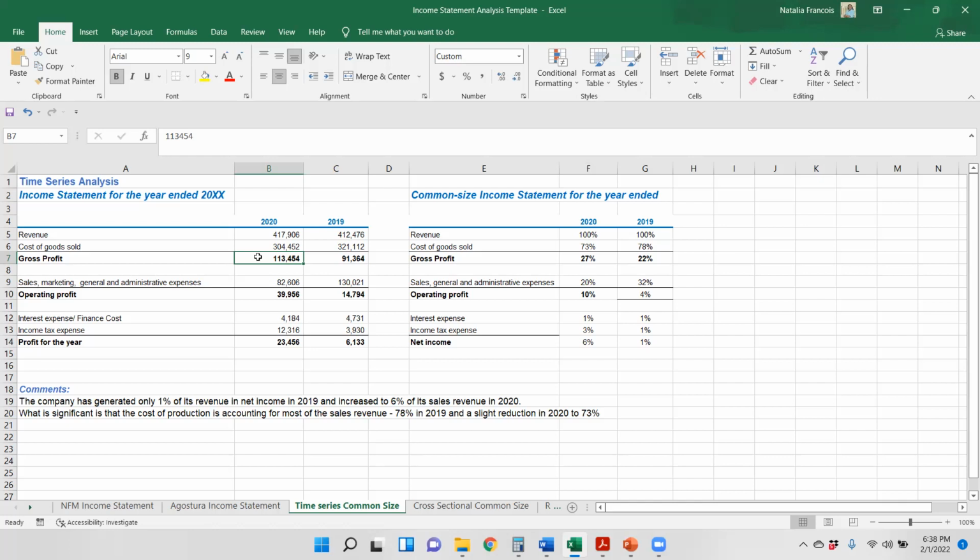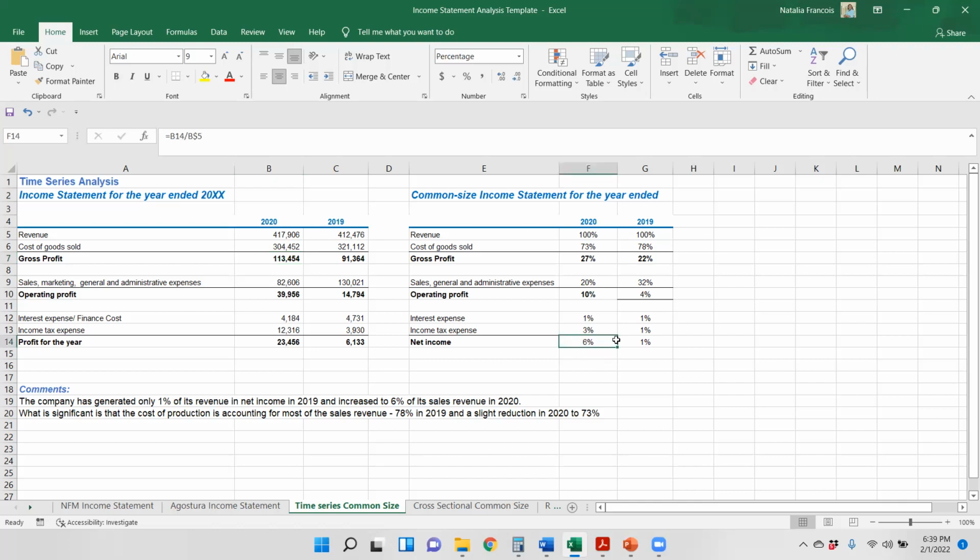So that net income you see in 1%, it means that for every dollar that company made, it made 412,476. So that's millions. I don't know, right? If they made that money, the money the shareholders are taking home is 1% of that in 2019. And in 2020, it increased to 6%.